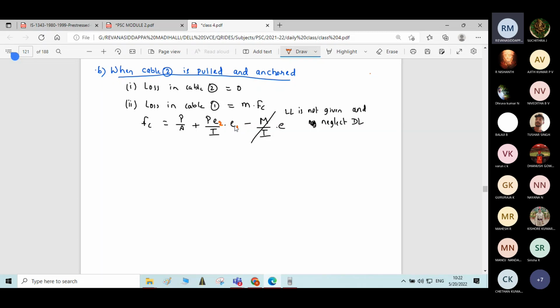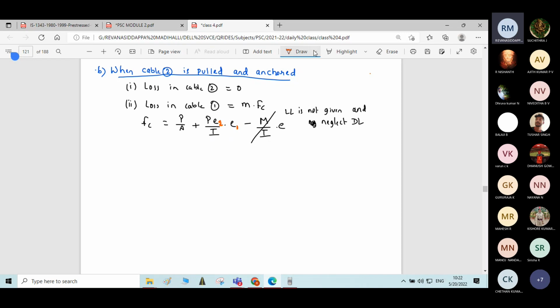This is the reason. When cables are stretched individually, one after the other, we need to denote in this way. So here e2 e1 represents loss in cable 1 due to stretching of cable 2.